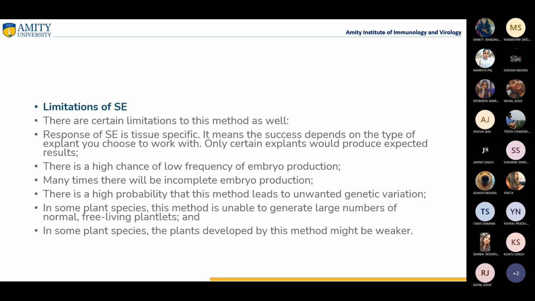Then we have Shivani Mishra. Okay, so other students also, this is Shivani: process through which a whole embryo development occurs from a single somatic cell which is not involved in embryo development of a plant, that is a normal plant cell. Okay.